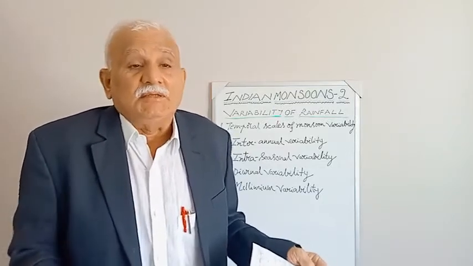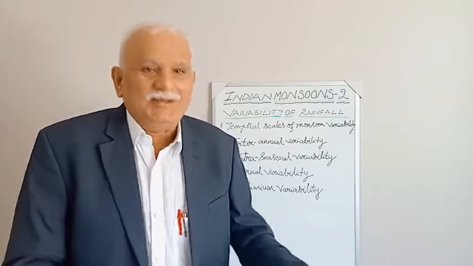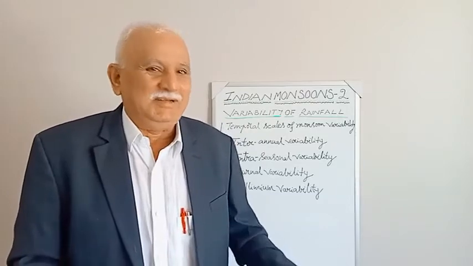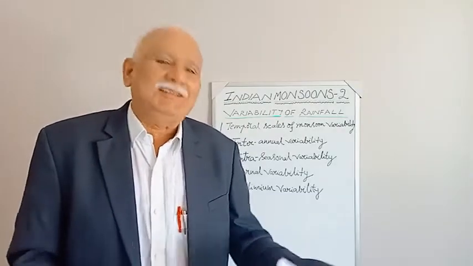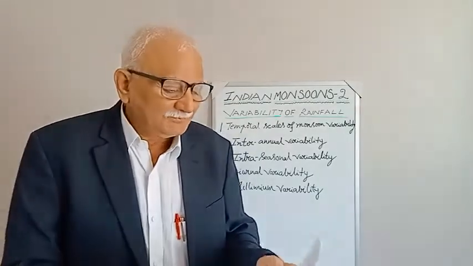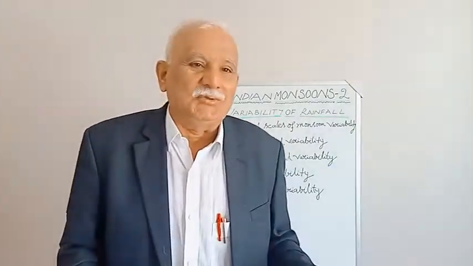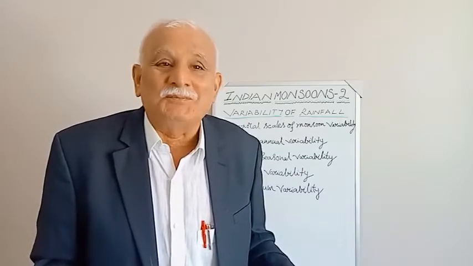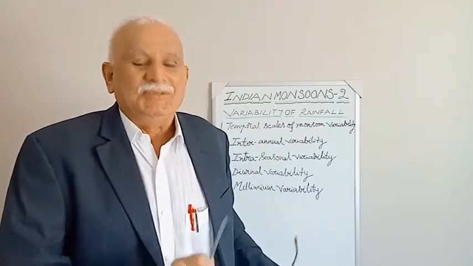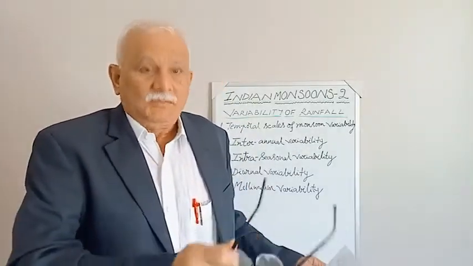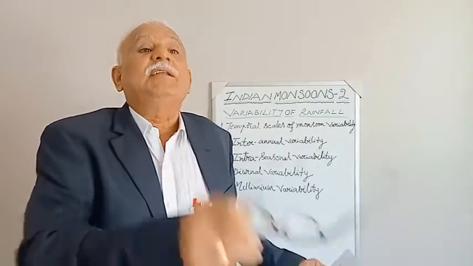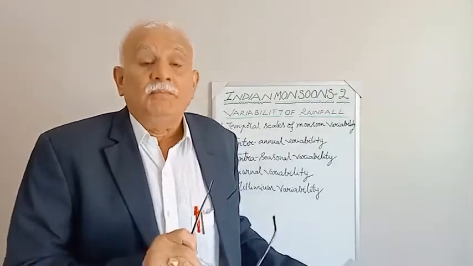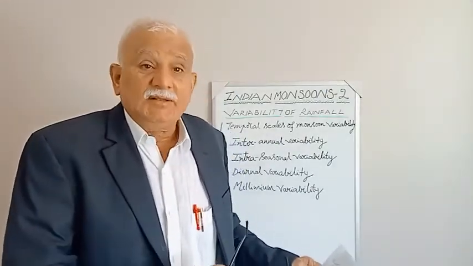From then onwards there have been so many, but we try to understand only what is pertinent to agricultural meteorology. Now, the Indian monsoon is also known as part of the Asian monsoon because it extends from 25 degrees south latitude to 35 degrees north latitude.